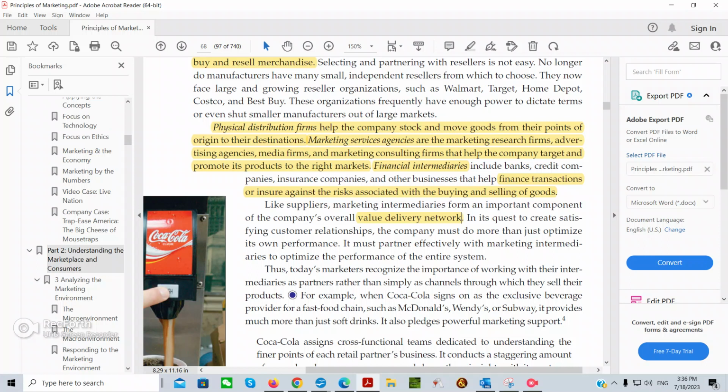Now, thus today's marketers recognize the importance of working with the intermediaries as partners rather than simply just channels through which they sell their products. Now, the result is the same, but the experience is different. Okay, right?